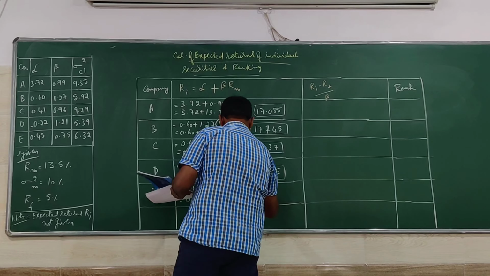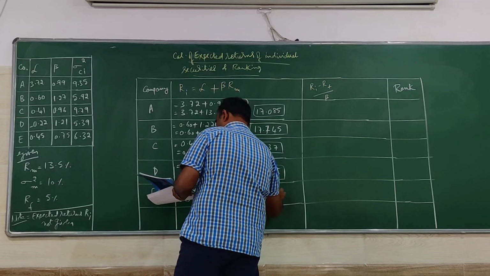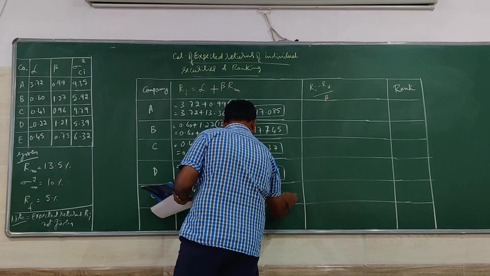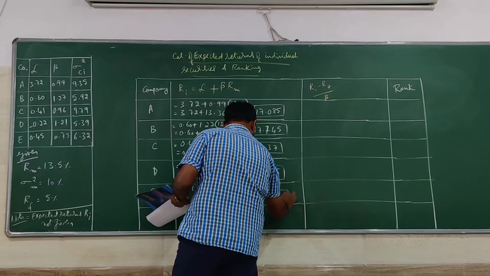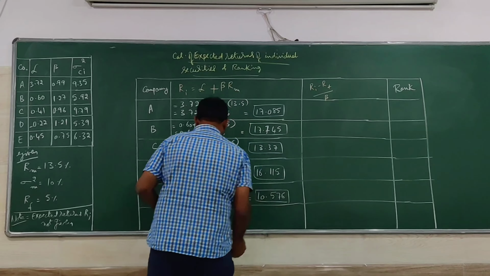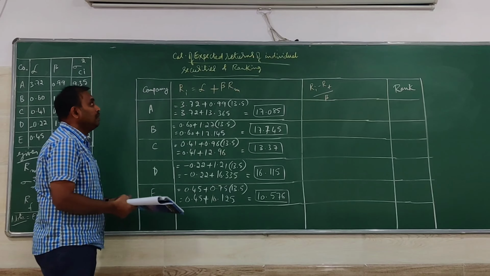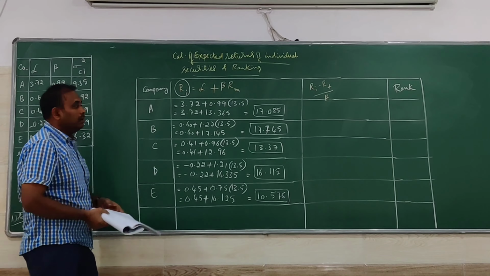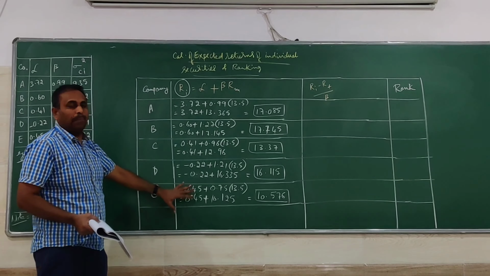The final answer is 10.575. So this is finding out the expected return which is not given in the problem.